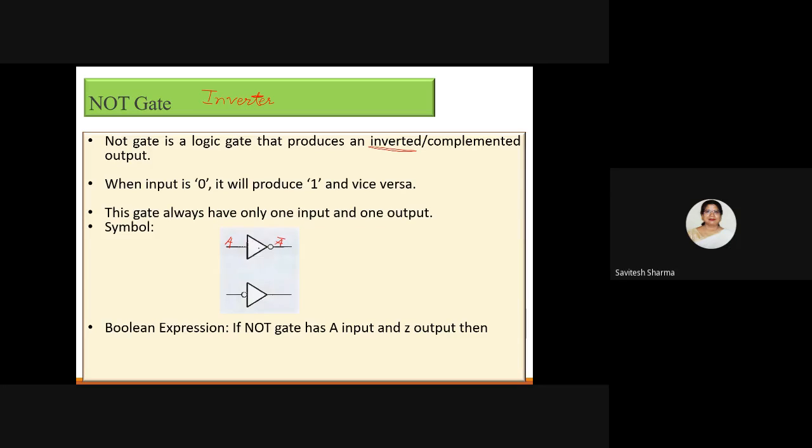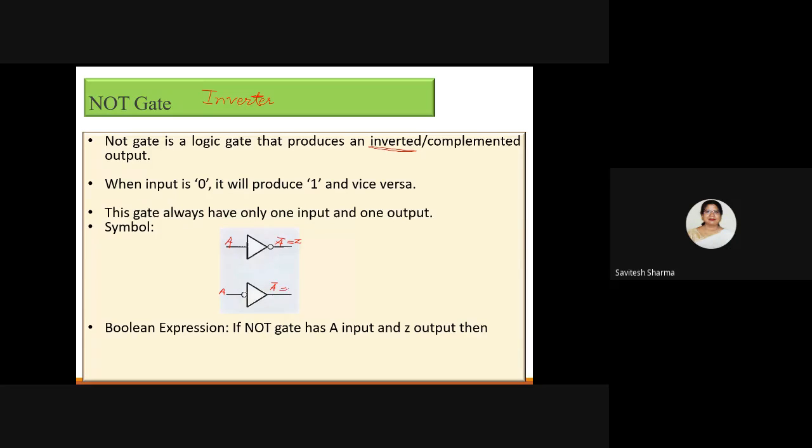After passing through this NOT gate, you get the output A bar, the complement. Let's say the output is Z. So Z equals A bar.